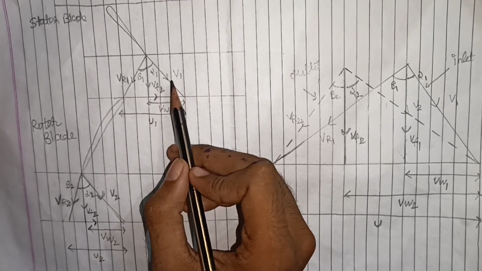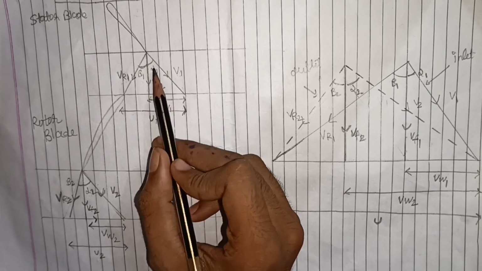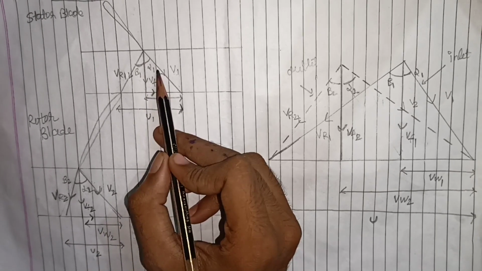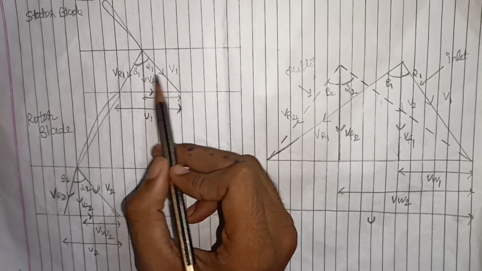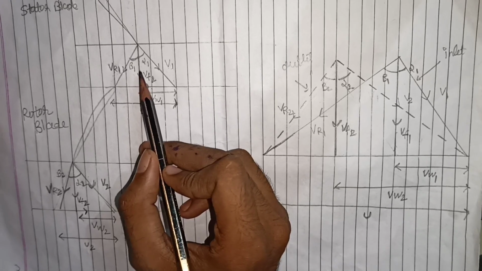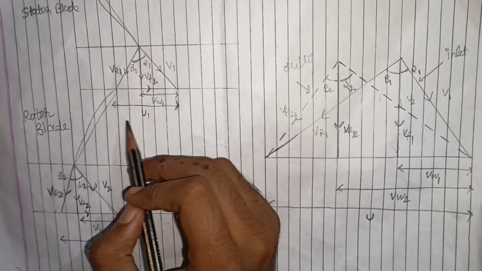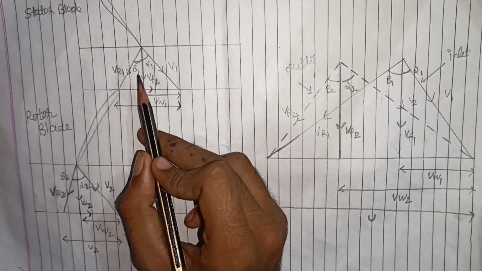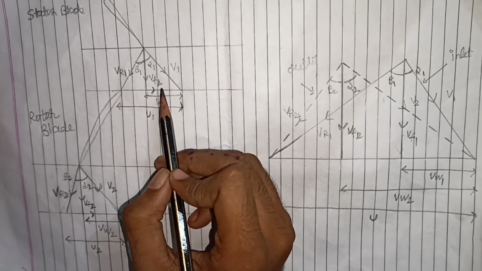Moreover, the absolute velocity has two components, the flow component vf1 and the work component vw1. Alpha 1 is the angle between the flow component and the absolute velocity, and beta 1 is the angle between the relative velocity, which we get because the rotor blade is also moving, and the flow component.